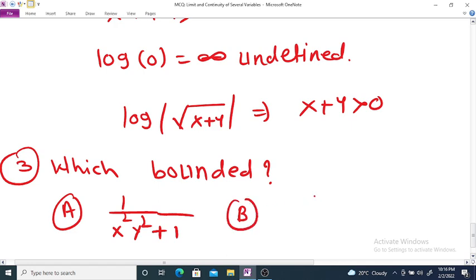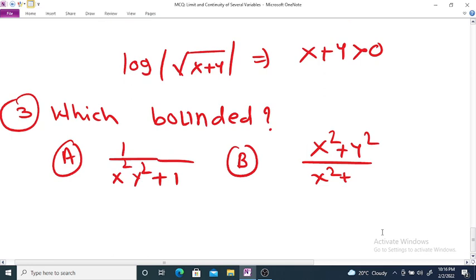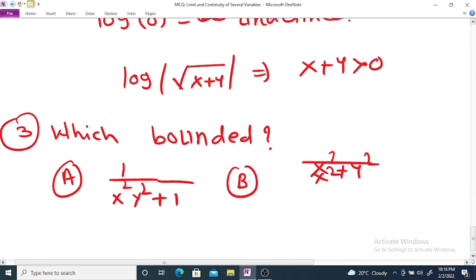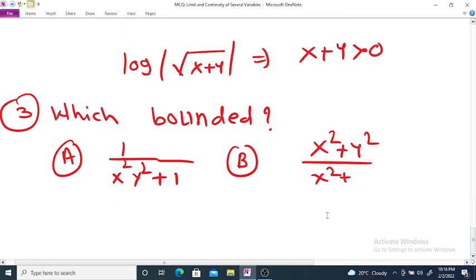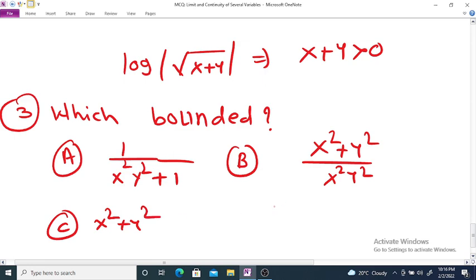B, x square plus y square divided by x square y square. Number C, x square plus y square, and number D, log of x square plus y square.